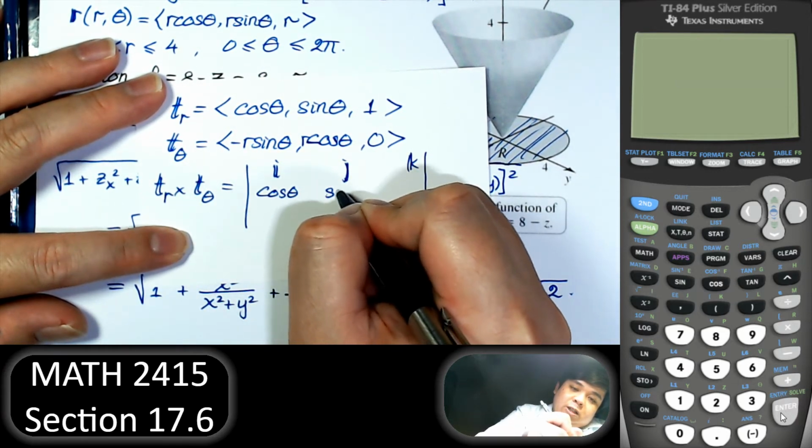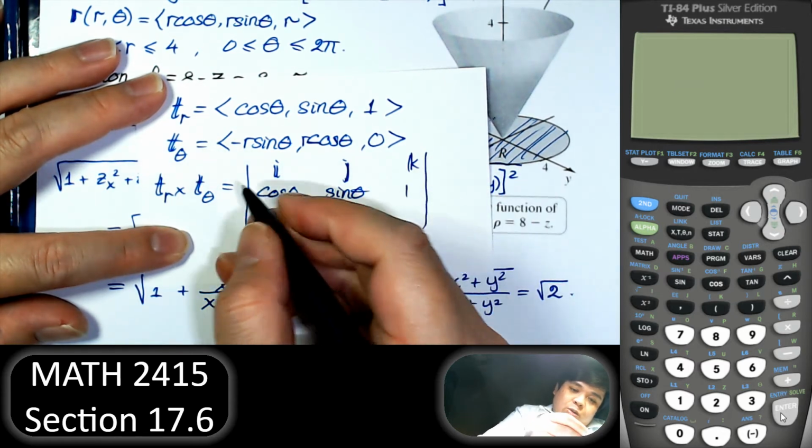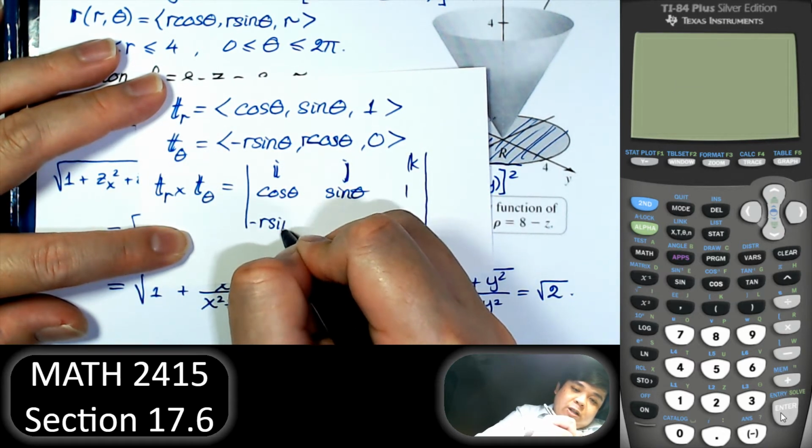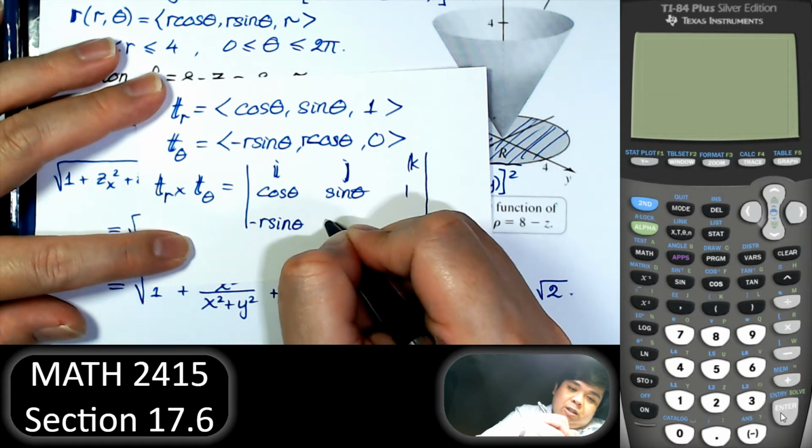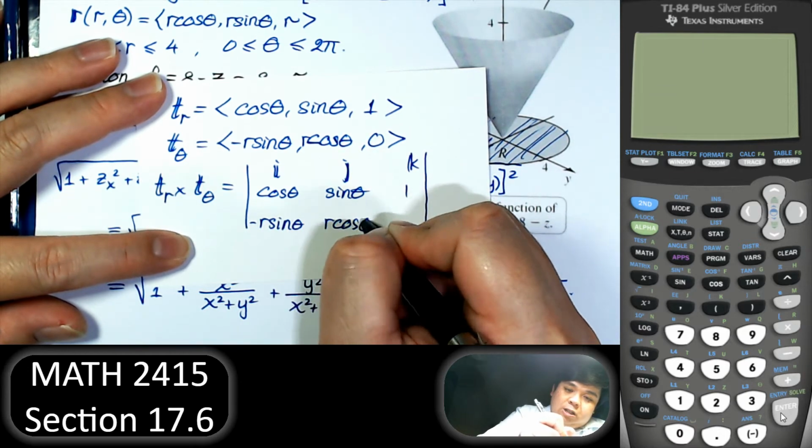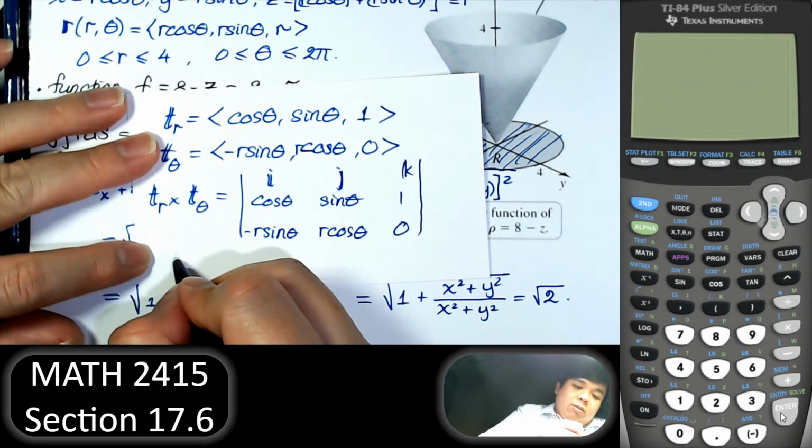Cosine, sine, 1, negative r sine, r cosine, and 0.